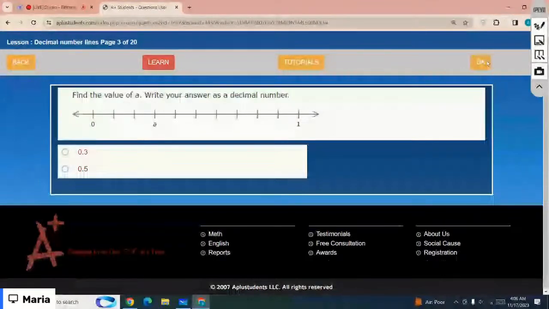Okay, find the value of a, write your answer as a decimal number. Yes, that is the third line, so that would be 0.3.